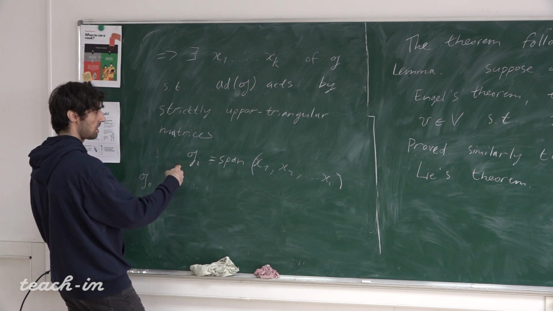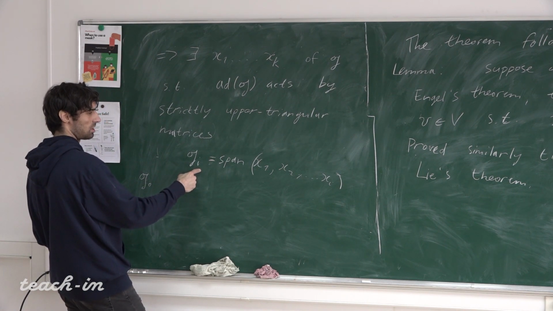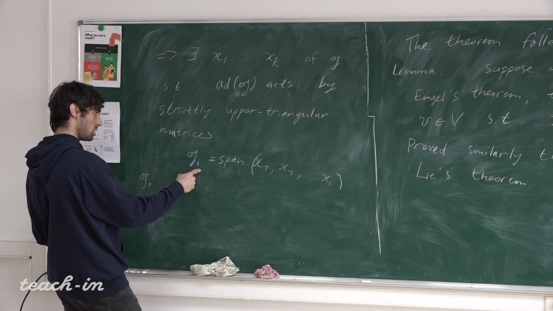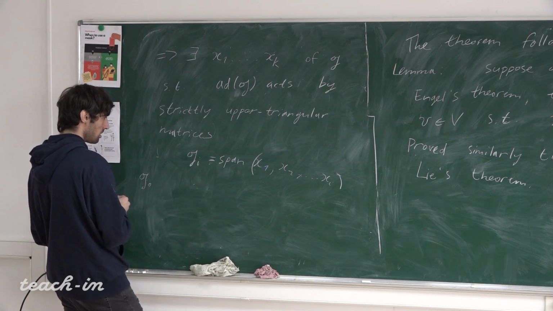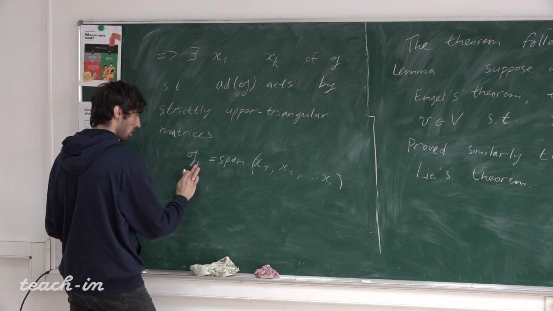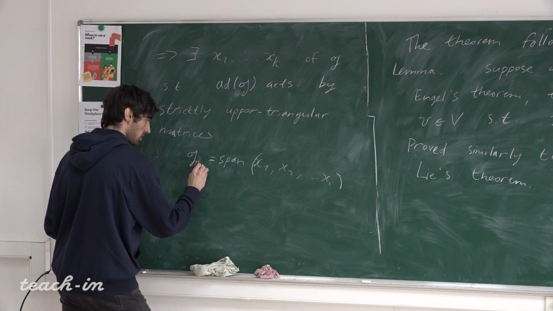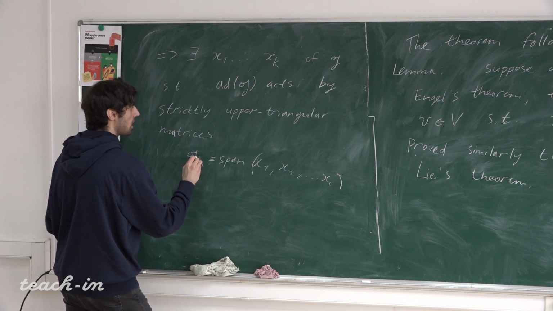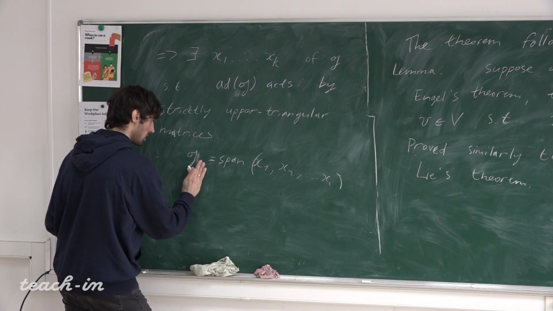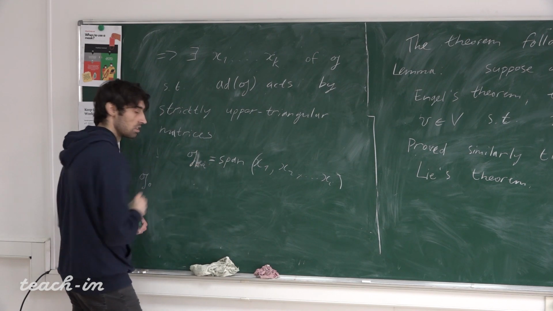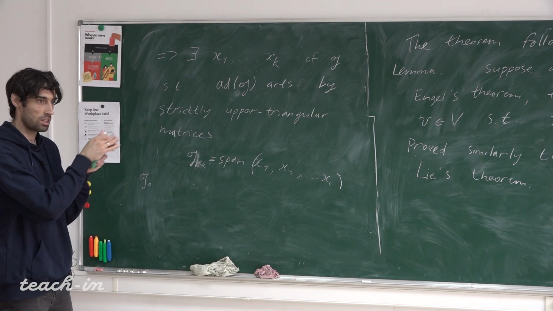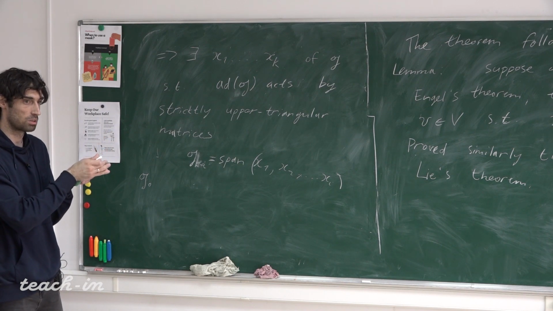So here we need indices. Maybe I would like to call this one g_{k-i}, just to make things match what we did on the first lecture.